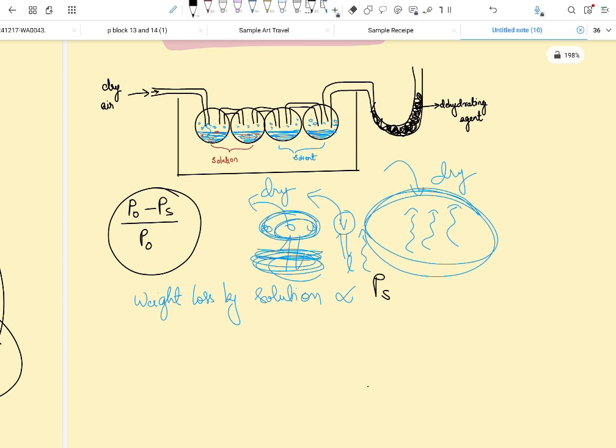Now the rest of the dry air, because I told you already, has a tendency to flow, or diffuse. So the dry air will be passing on here. Those dry air which is passed to the next one is the rest, other than what got absorbed.